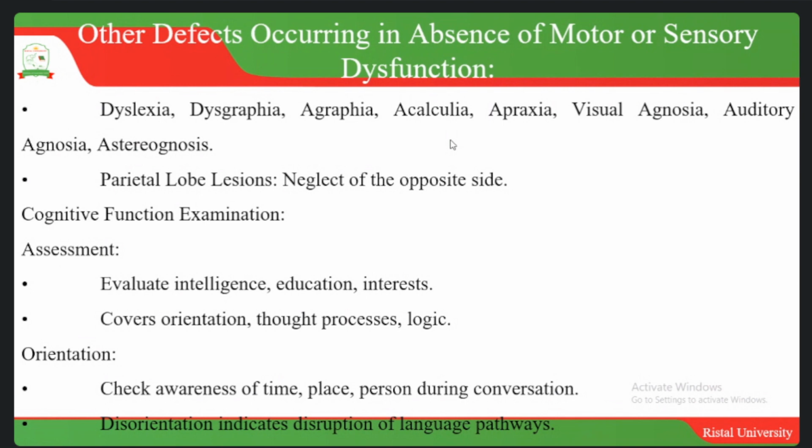Then in disorientation, it indicates disruption of the language pathways, whereby the patient will not be able to tell you, and also the cognitive functioning of this patient is disoriented. So when you ask him where he is, he will tell you, I'm in the market or I'm at home. What is the time now?